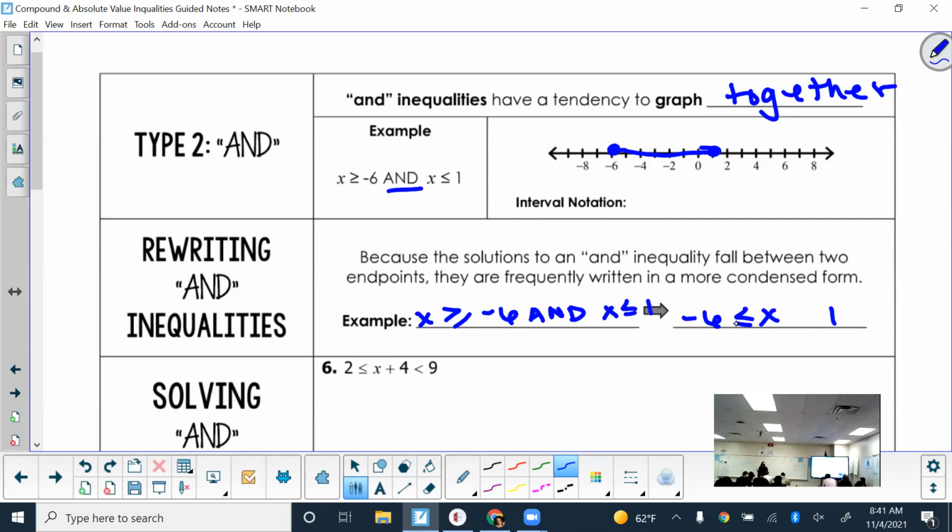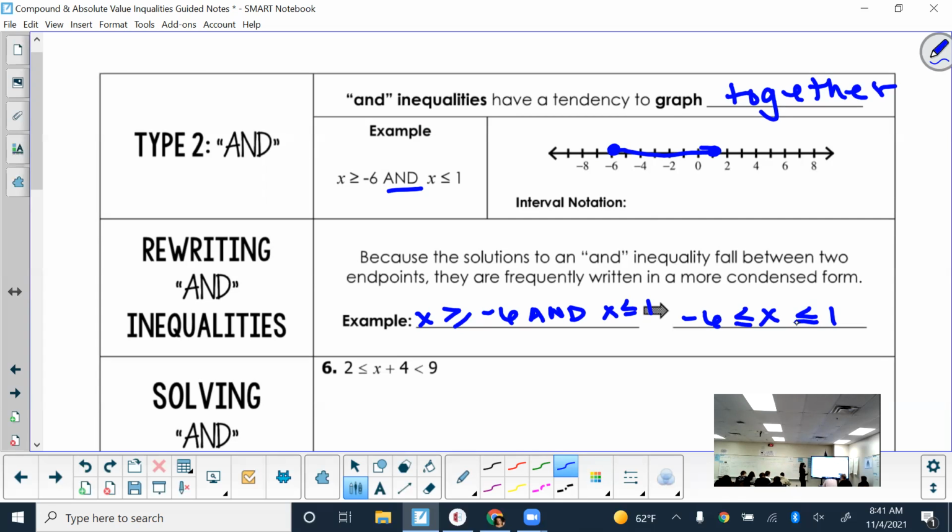And then between the x and the 1, which number is bigger? The 1. So the opening still needs to face the 1. So be comfortable seeing the answers represented in both ways. You never know how it'll look on your test. Questions about it?